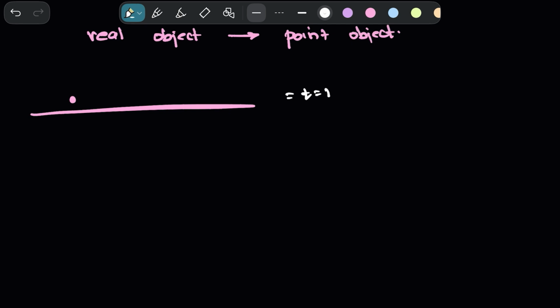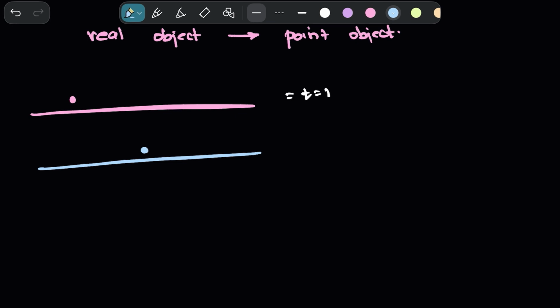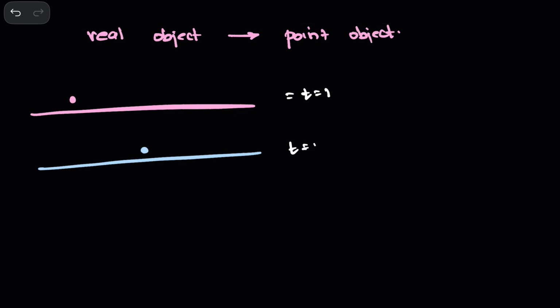And at t equals 2, my position could be somewhere here. So as time passes, the position might change, and if you try to study that change, then that would be kinematics.